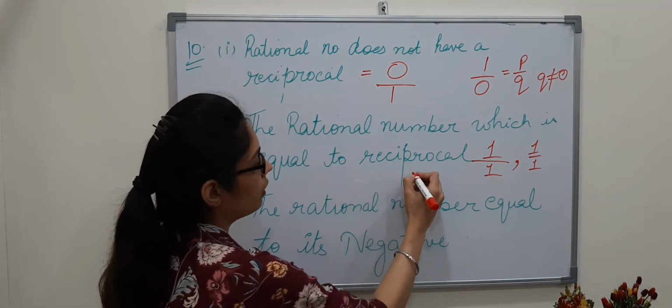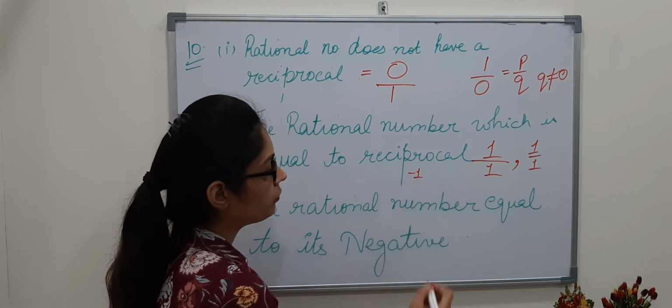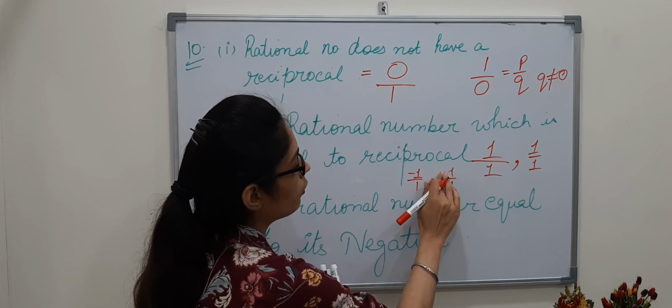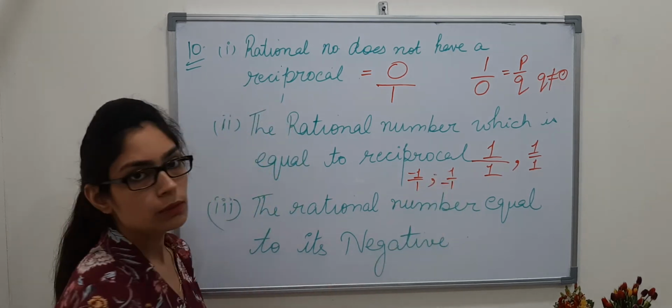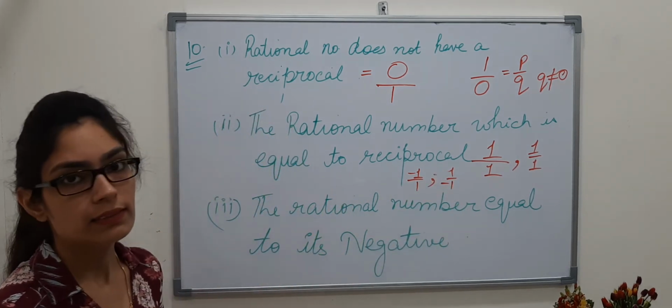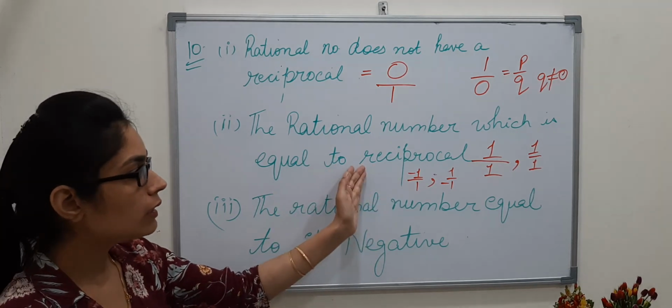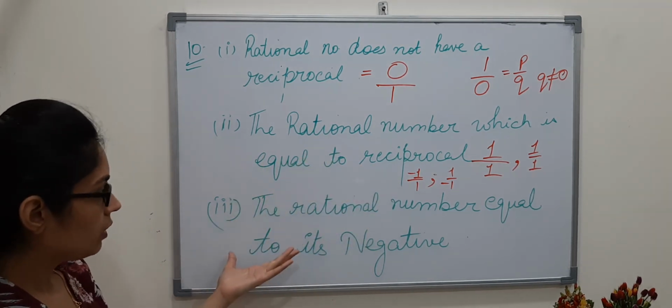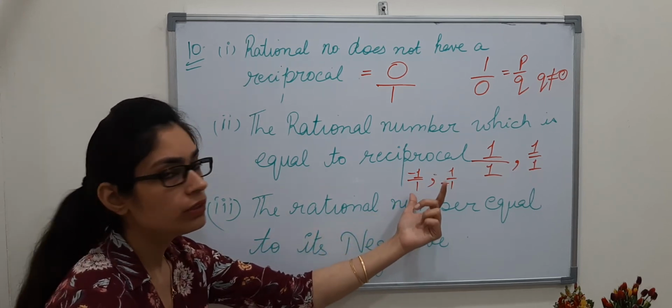I can also take minus 1. The reciprocal of minus 1 again will be minus 1 by 1 or 1 by minus 1. That means both the number and the reciprocal are the same. 1 or minus 1, they both have a reciprocal equal to the original number.